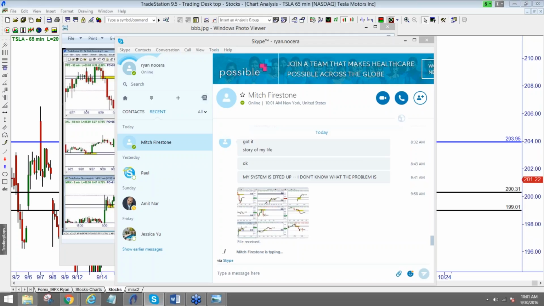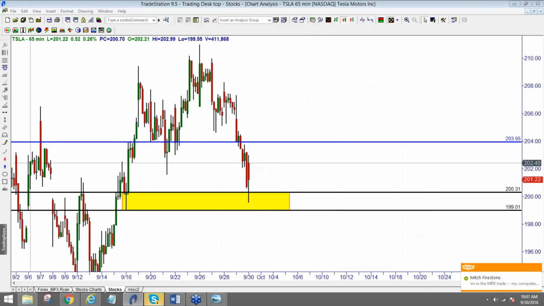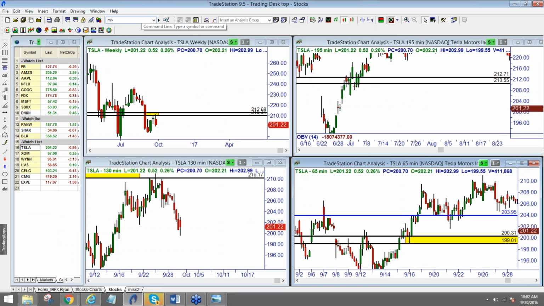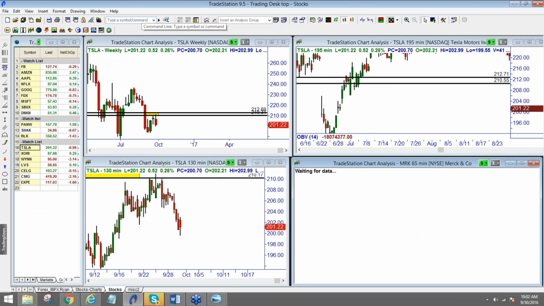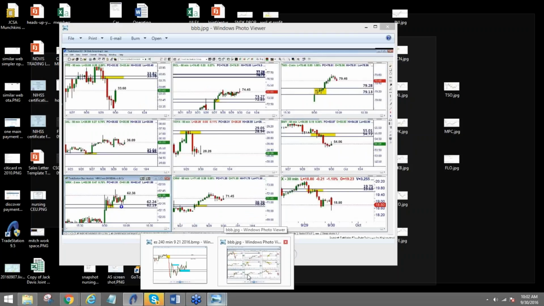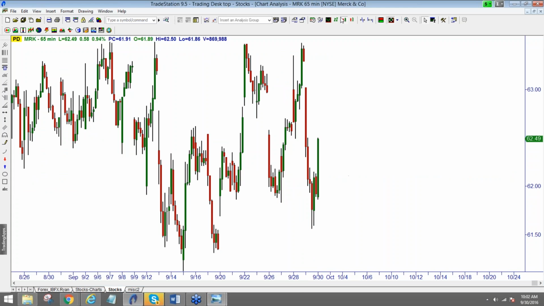Alrighty, let's see. So let me go through some of Mitch's stuff here. And the MRK trade is sort of working. Alright, so let's see, MRK. Two-minute, 62.24. Alright, so now this is a day trade.